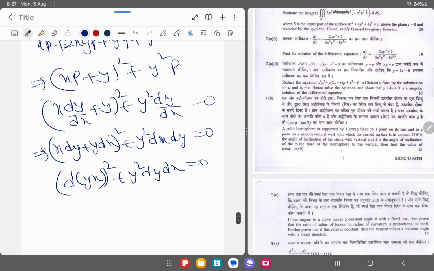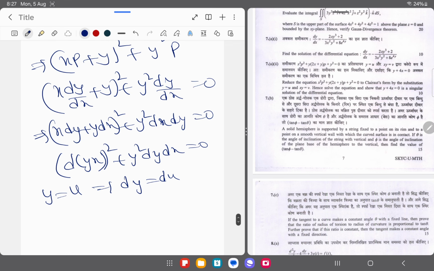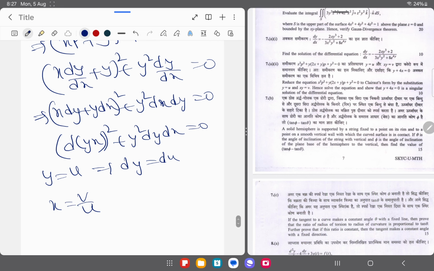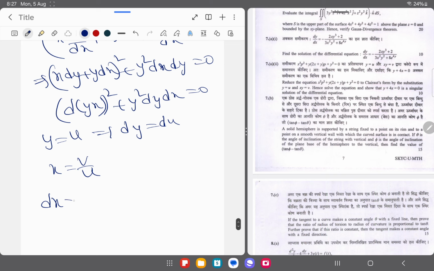Now let us try to substitute what is given, right? y is equal to u. This implies dy is equal to du, right? Now x is equal to v by y, that is v by u. Now what will be dx here? xy is equal to v.